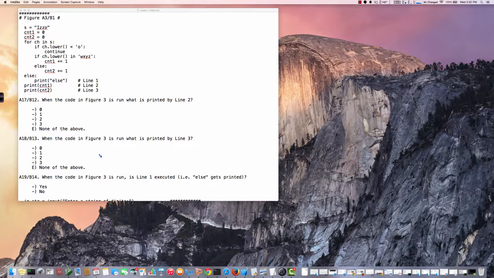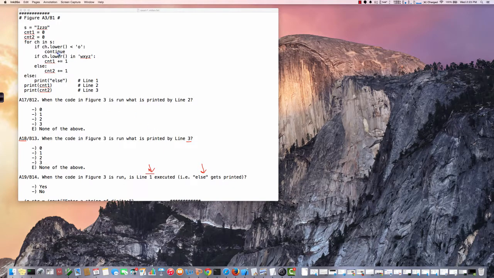Oh yeah, there were two problems here: what was printed by line 3, and what happened with line 1, does in fact the else get printed.